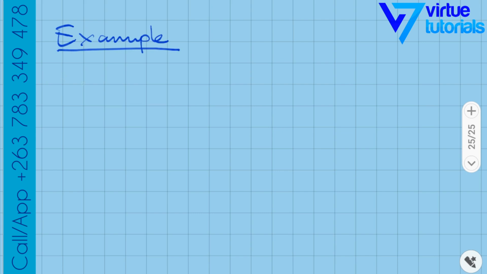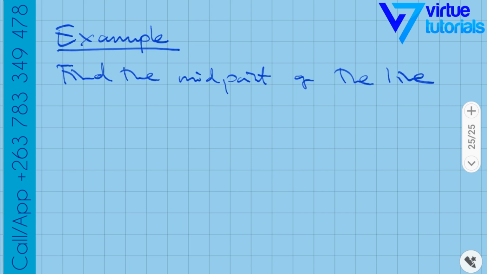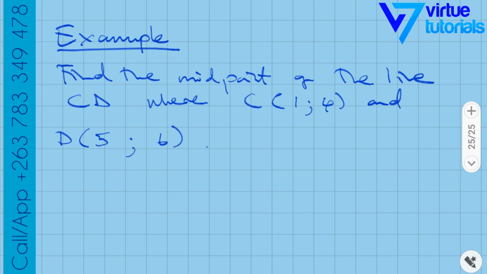Find the midpoint of the line CD, where C is this point 1, 4, and D is this point 5, 6.